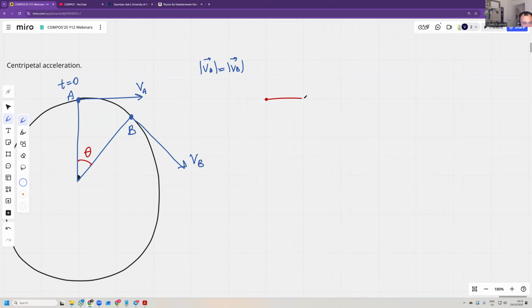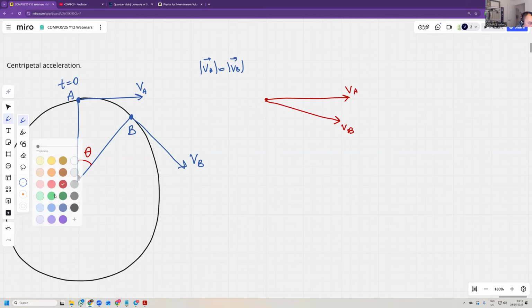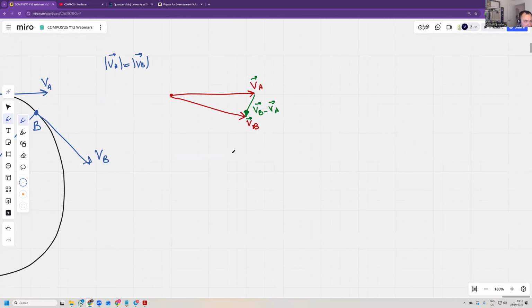Let's find the difference. So if this vector is vA and this vector is vB, then this vector is vB minus vA using vector addition rules, or it is also known as delta v, change in velocity.